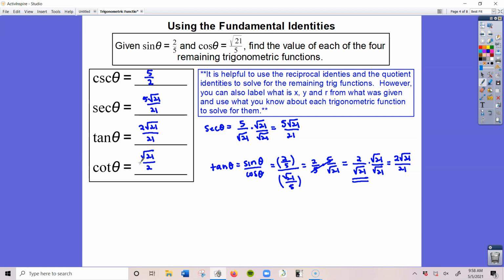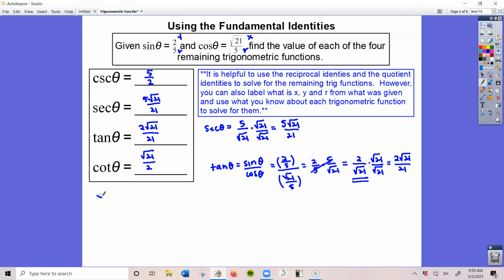Now another way that you could have solved for either tangent or cotangent is to figure out what is x, y, and r based on the two trig functions that were given. Sine is y over r, so y is 2 and r is 5. Cosine is x over r, so x is the square root of 21, and as we saw earlier, r is 5.